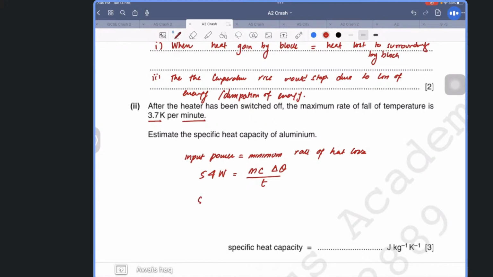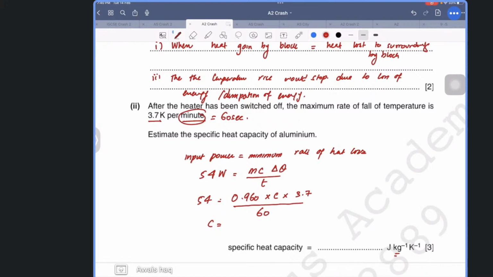So now 54, the mass was 960, so it's going to be 960 because it needs to be in kg, so we got to change it. Heat capacity, the change in temperature is basically 3.7 Kelvin, and that is happening in 60 seconds. Because this is in minutes, you got to convert it to seconds. Can you please find this? Because now I've demonstrated that I'm incapable of calculating.